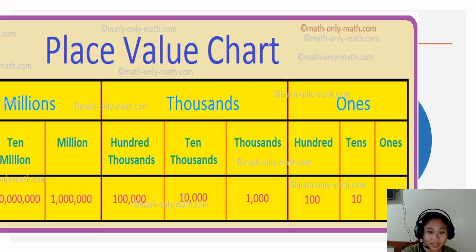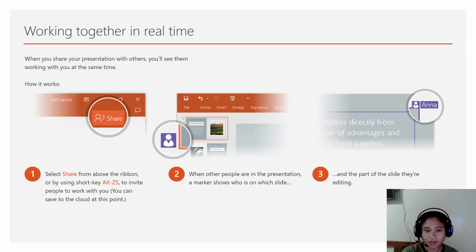So the 10,000 here will become 100,000. The next is 1 million. Next to 1 million is 10 million. That would be the place value on the chart.